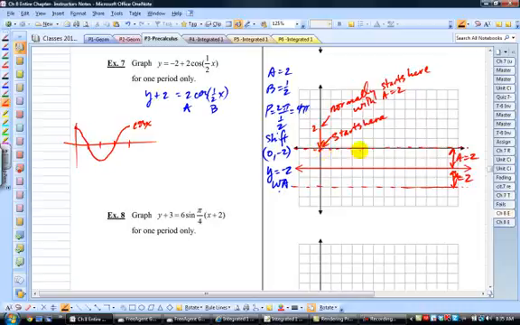So I'm going to shift over 4 units. So 1, 2, 3, 4. So in between here and here is going to be 1 period. So I'm going to label this 4 pi, and I'm going to plot my points. And it's going to go down to the wave axis, all right, and then go over 2 parts all the way down to a minimum, and then it goes right back to the wave axis, and then back up to a high point. So it looks like this.